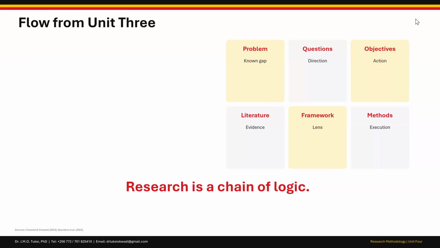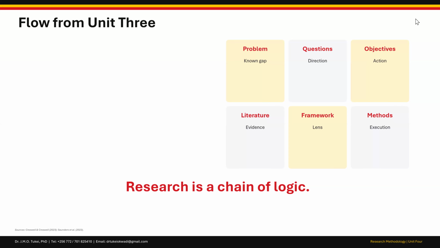After identifying a problem, we said you have to develop objectives, review literature, and then build a conceptual direction. This is very important. But today we move to the practical question. When we were on the research process, you had a question, an objective, a hypothesis. Now we're moving to the practical question: how shall we generate evidence that is credible, ethical, and useful?